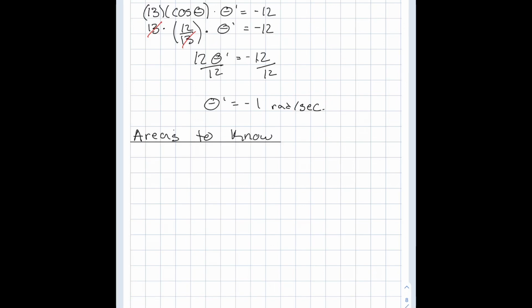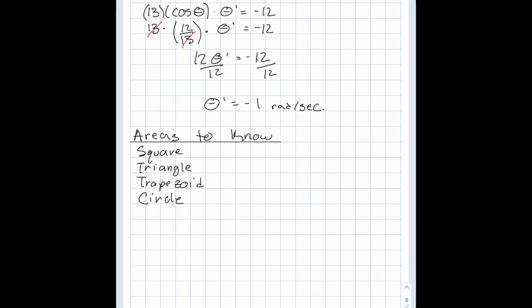I'm not going to write all these equations out, but you should know how to find the area of a square, triangle, trapezoid, and a circle.